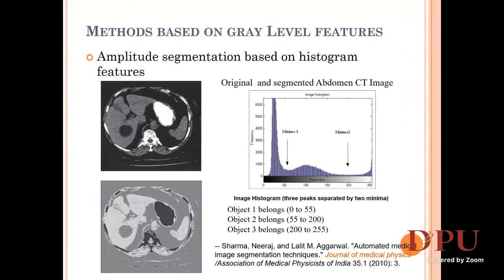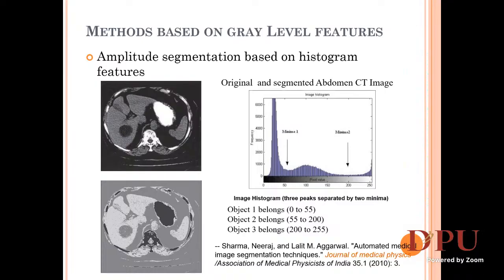Now, for any segmentation strategy, you will see there are 3 different categories. The first category is histogram-level based. Say you have 2 threshold values, for example 55 and 200. From 0 to 55 is the first segment, 55 to 200 is the second segment, and 200 onwards is the third segment.